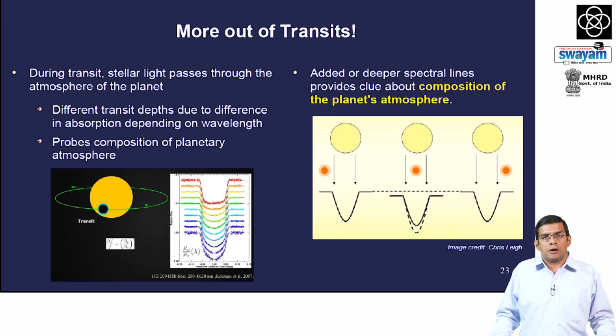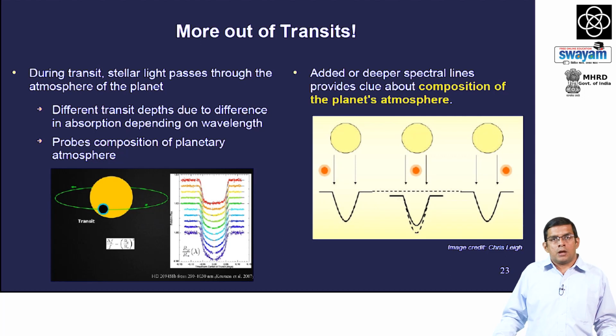There are other aspects of planetary transits. As the planet passes in front of the star, the starlight passes through the planet's atmosphere, and therefore, because the atmosphere may consist of different gases, if we observe this planet at different wavelengths, we will find that the dip is not the same in all wavelengths.